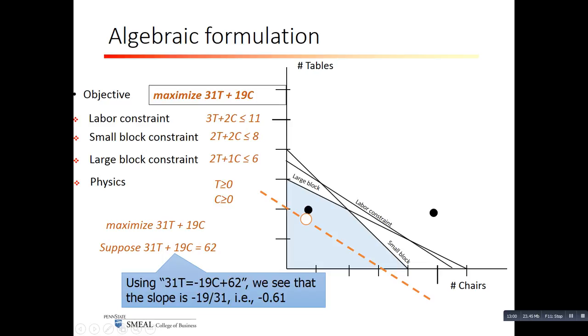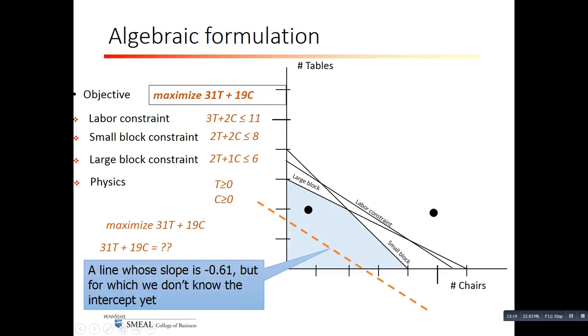And as you see here, the slope is not decided by this 62 per se, because every iso-profit function will have the same slope. So then we get the idea of how to draw this profit function on a graph. It's basically a line with a slope of negative 0.61 with unknown intercept.